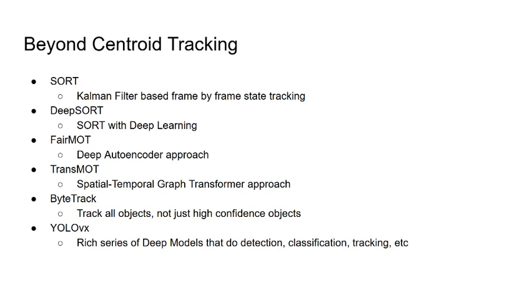FairMOT is a deep autoencoder that's reading in data, making an assumption about it, and challenging against it. And then TransMOT, I'm not as familiar with, but I can make inferences on the transformer model: it looks at both space and time, so it has some time elements in there. ByteTrack is interesting because it tracks all objects and not just high-confidence objects.